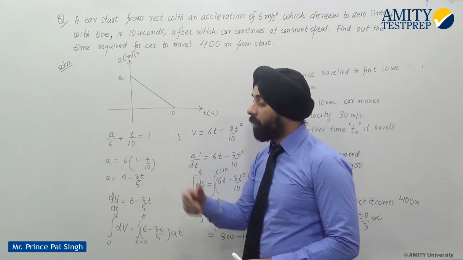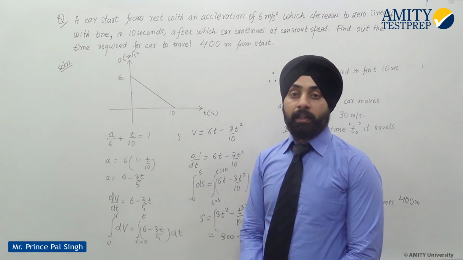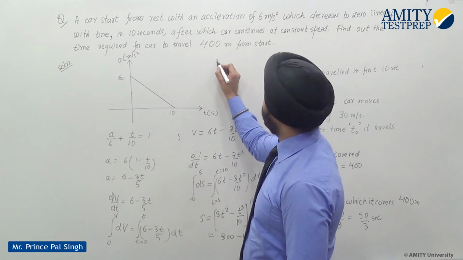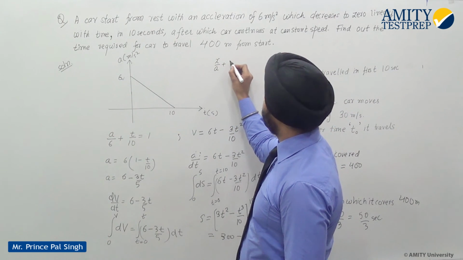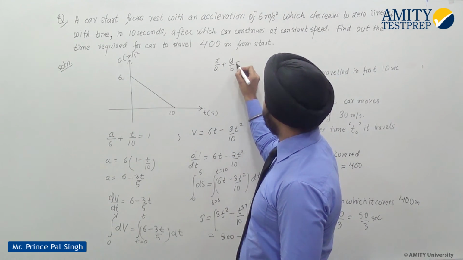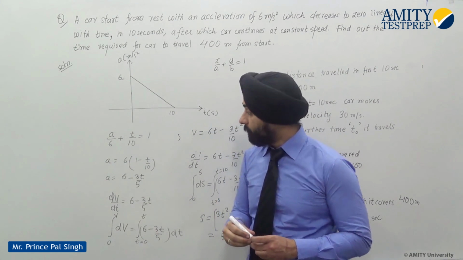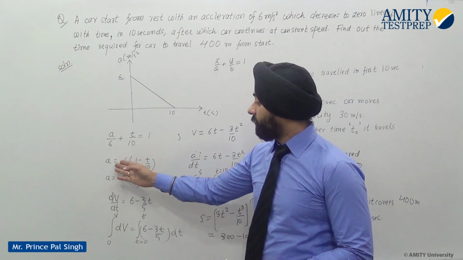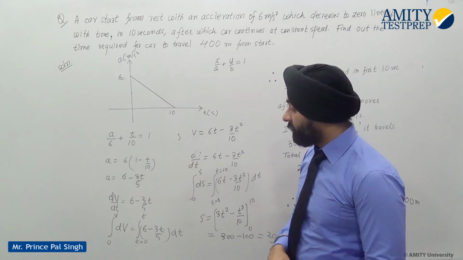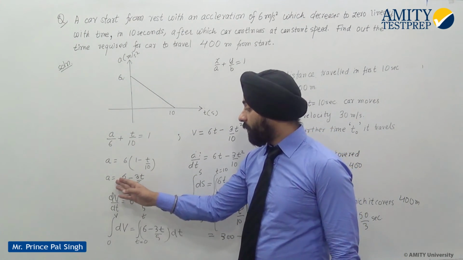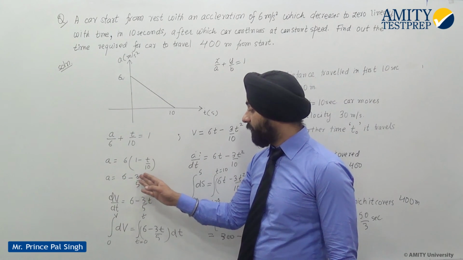This is the way we write down the equation of a straight line, x upon a plus y upon b equal to 1, where a and b are the intercepts. So on solving, the acceleration versus time is a equal to 6 minus 3t by 5.